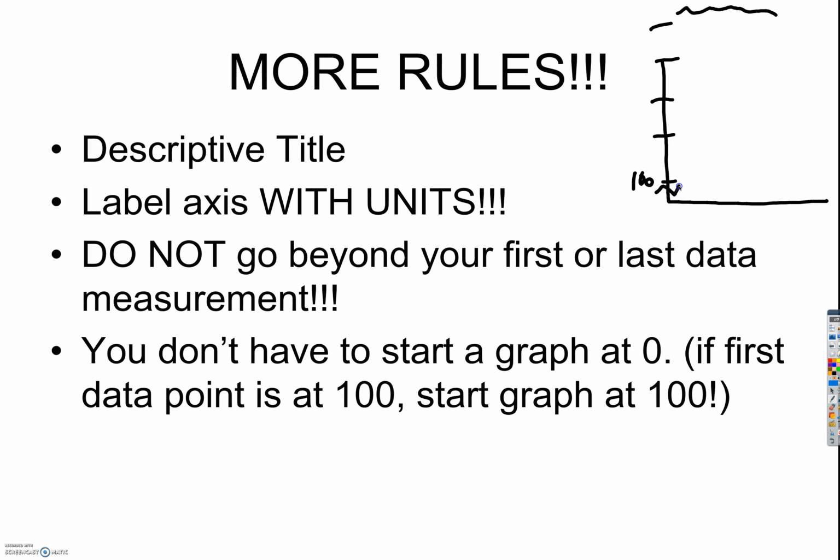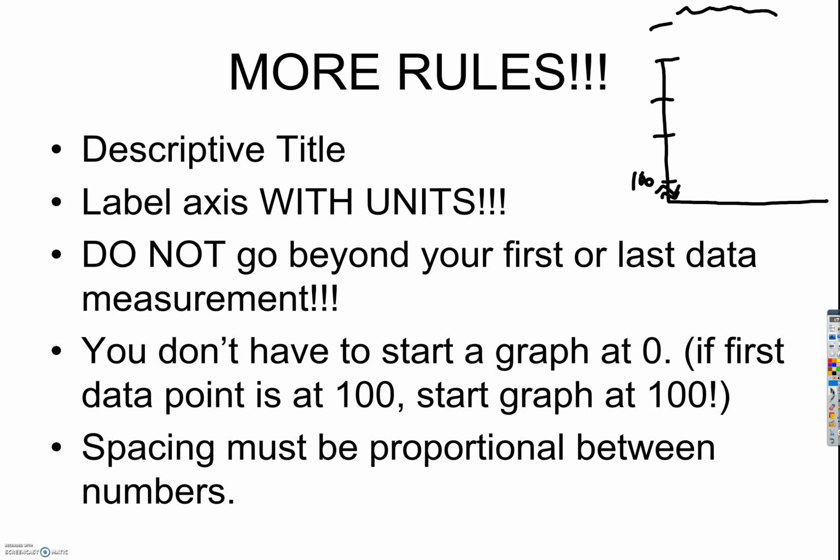If it makes you feel better, you can also make one of these little break lines showing that you're starting at a higher number, but that's not even necessary. Look at your data first. Look at what your highest point is, what your lowest point is, and then create a scale that'll fill your graph nicely. But you do not ever have to start at 0, 0. That is completely unnecessary. So that's something to keep in mind.